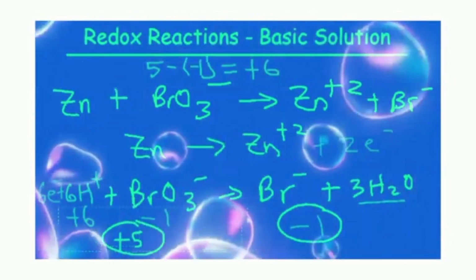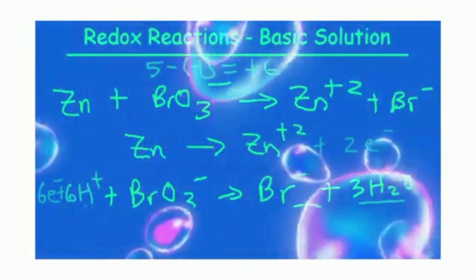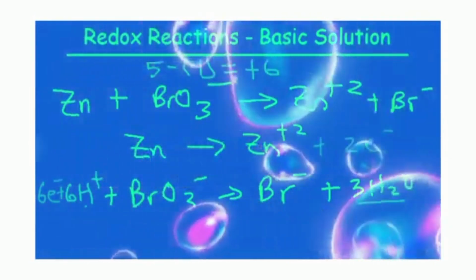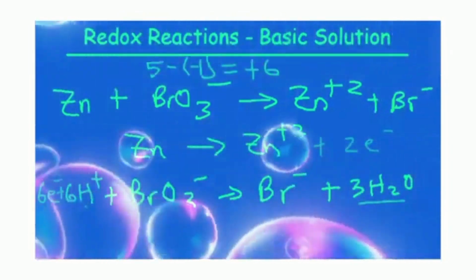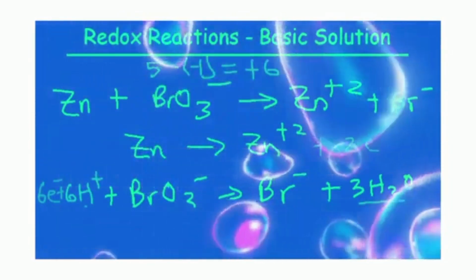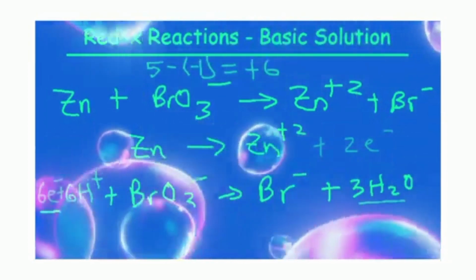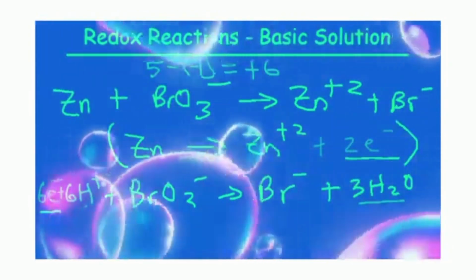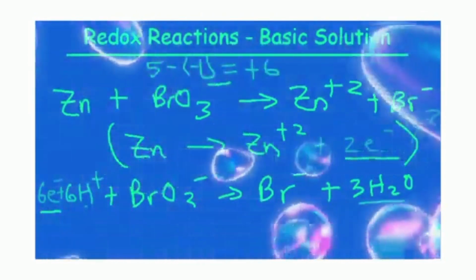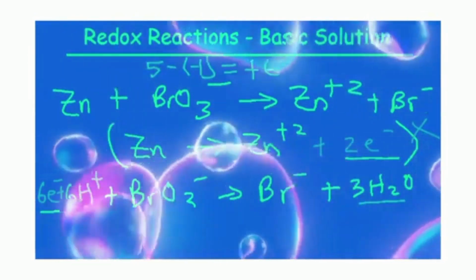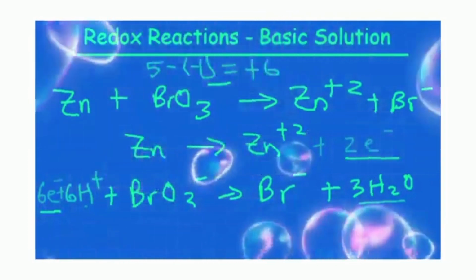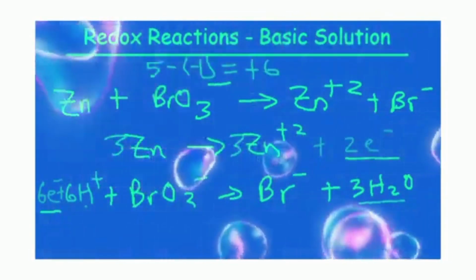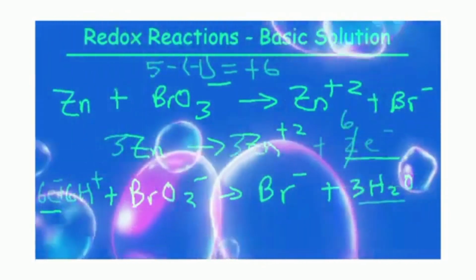So now what do we need to do at this point? We need to balance the number of electrons. Notice that we have 6 electrons on the left and 2 electrons on the right. So let's multiply this equation by 3. We're going to have 3 zinc atoms, 3 zinc cations, and now we're going to have 6 electrons.